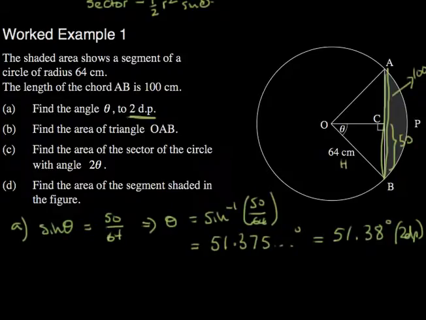For part B, it's asking for the area of the triangle OAB, and that's just a half base times height. And the base is 100, the height is OC, but OC can be found using the Pythagoras theorem, and that is 64 squared minus 50 squared, square rooted.